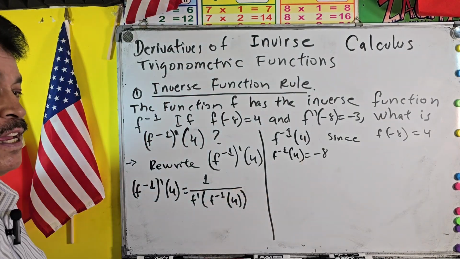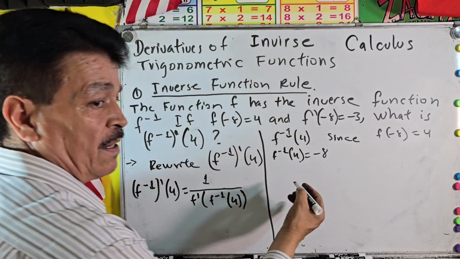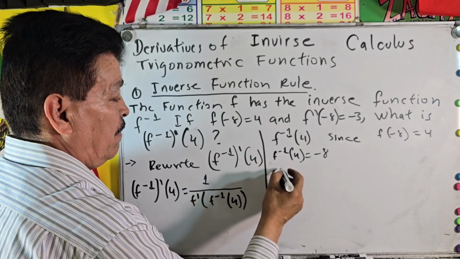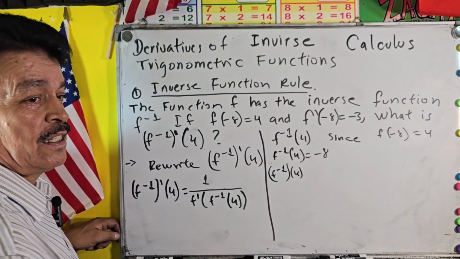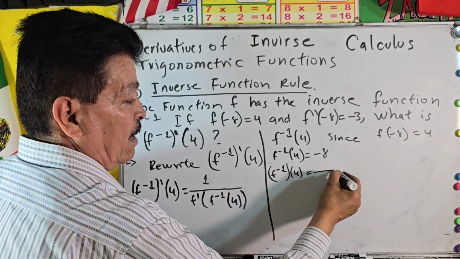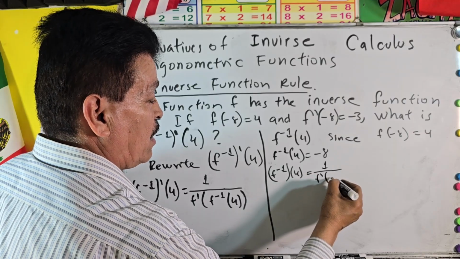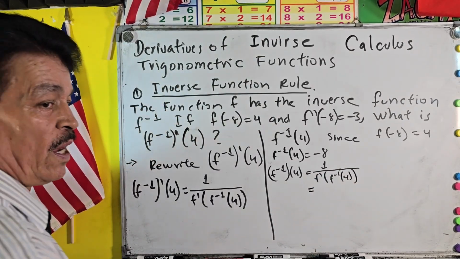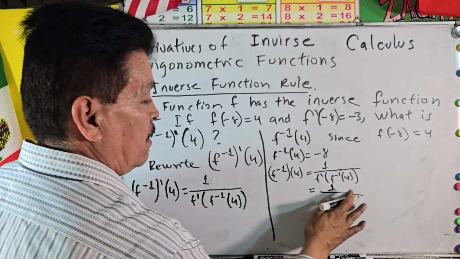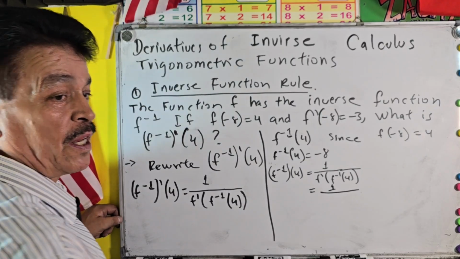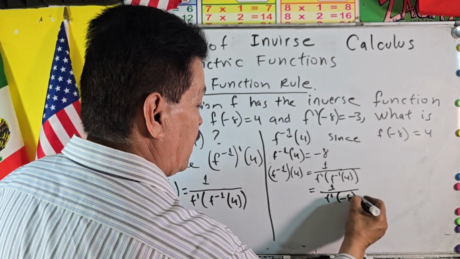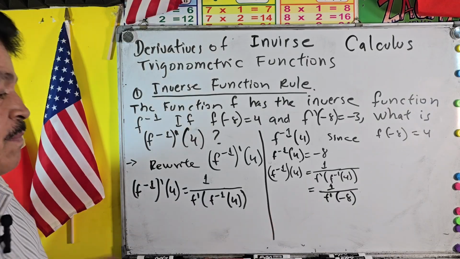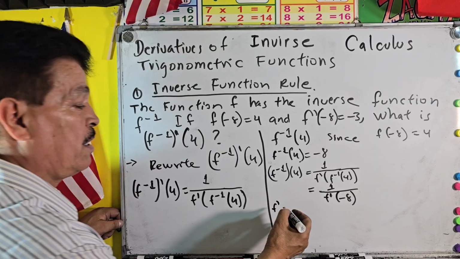Now substitute into this formula. We have f to the -1 prime of 4 equals 1 divided by f prime of f to the -1 of 4, which equals 1 over f prime of -8.